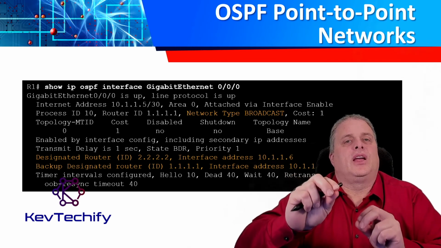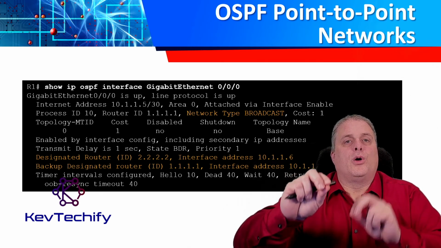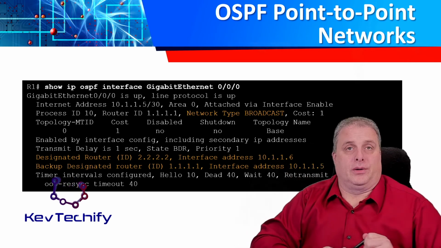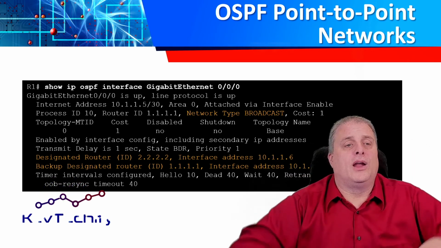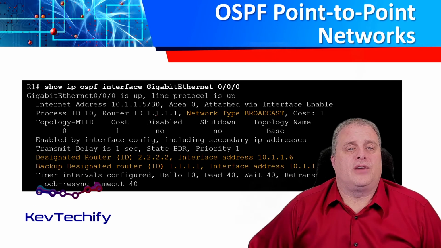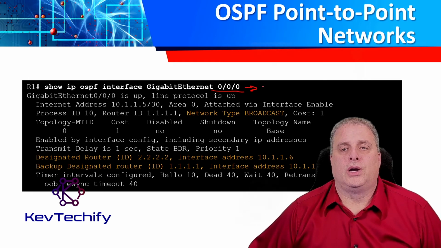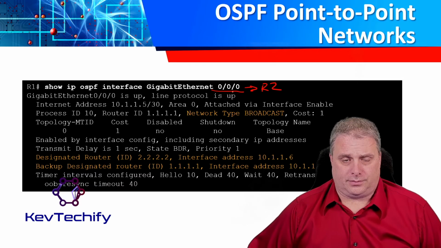There's going to be an election process to figure out who is the designated router, who is the backup designated router. We can confirm that. We can do a show ip ospf interface on Gig 0/0/0 from R1. That is the connection to R2. So this is the connection to R2 here.